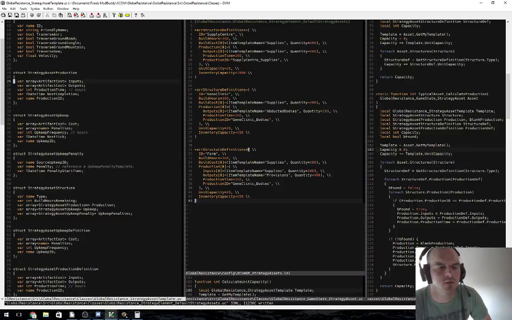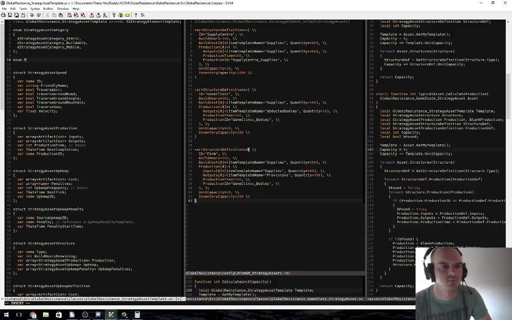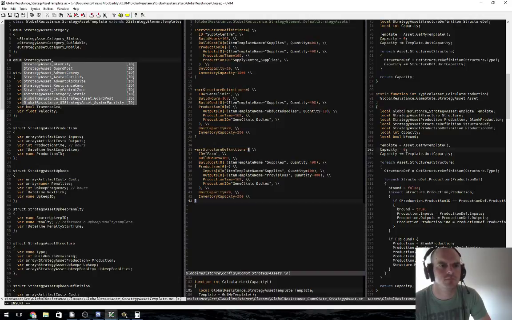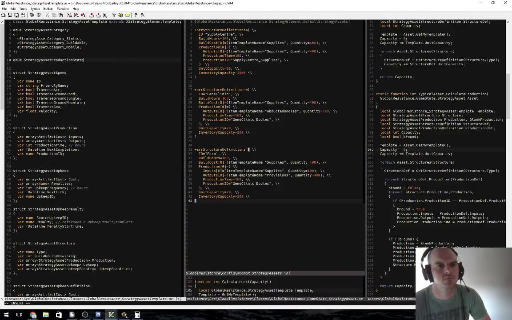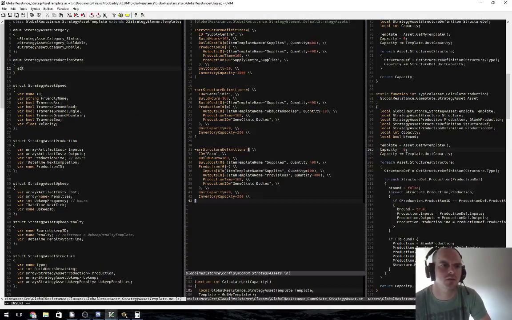So yeah, here we need strategy asset production state. Okay, so E strategy asset production state. And we're going for input.